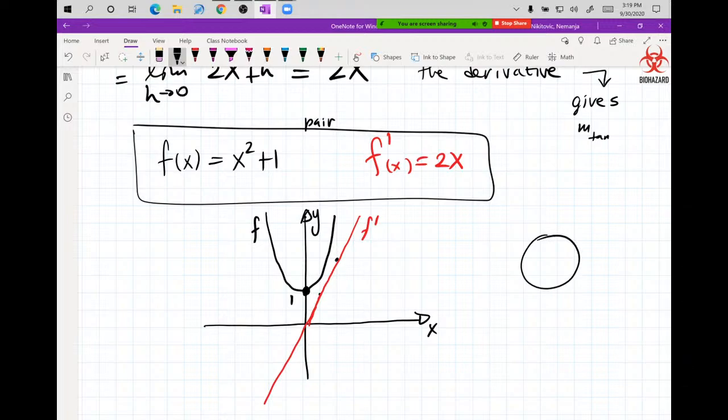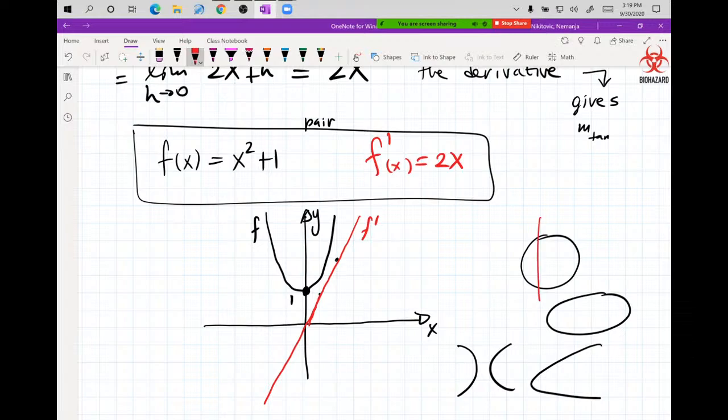We have circle, and we have ellipse, and we have sideways parabola, we have hyperbola. All of these are not functions because once you draw a vertical line at any point, it cuts twice.